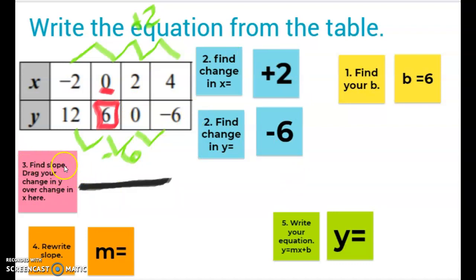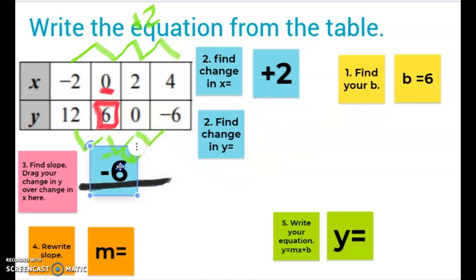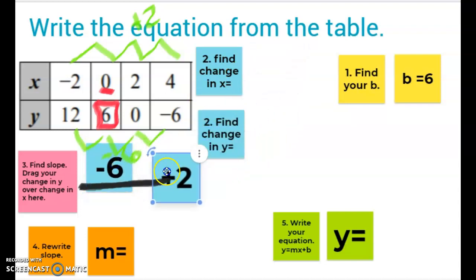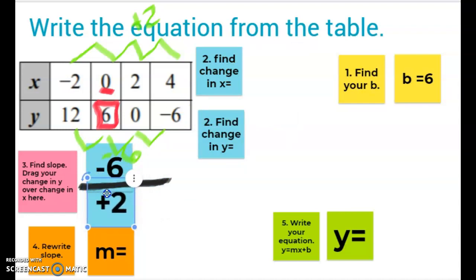Now we're ready to try to find slope. Remember, slope is the change in Y over the change in X. So I want you to drag your change in Y, that's going to be the top number, over the change in X. Now we have a fraction: negative 6 divided by a positive 2.